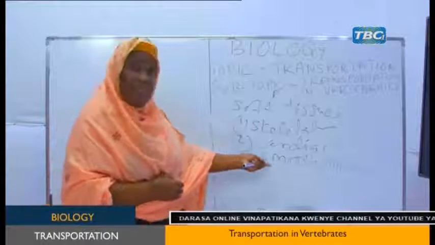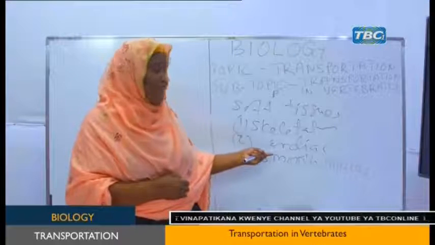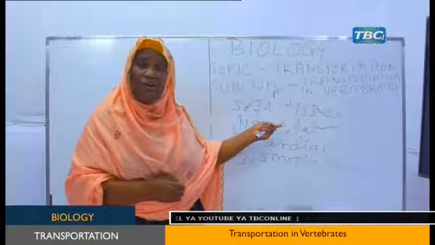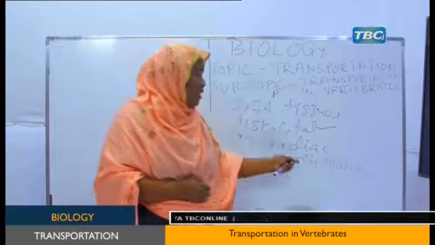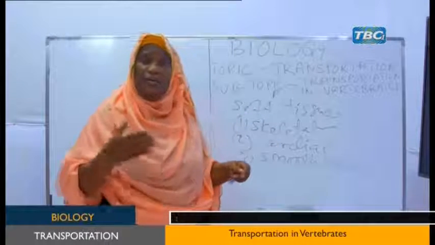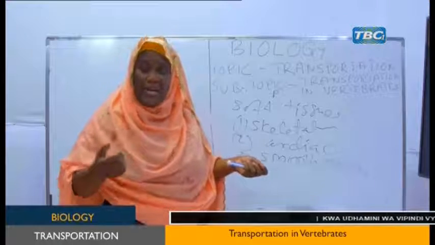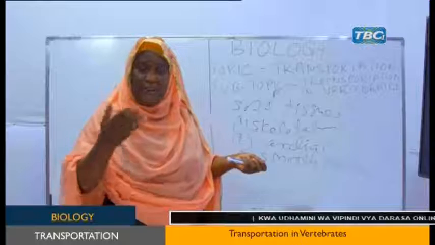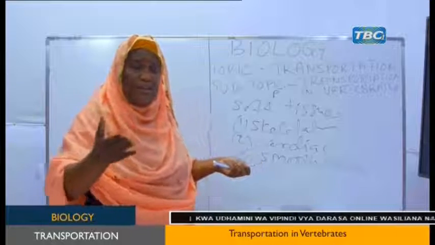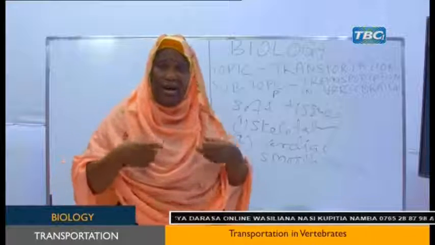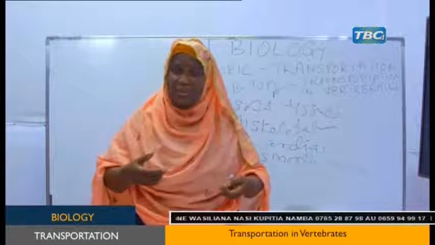And smooth muscles, like cardiac muscles, are not controlled by conscious will. We also call them involuntary muscles. For instance, you may check the muscles which are found in your digestive tract or in your respiratory system.